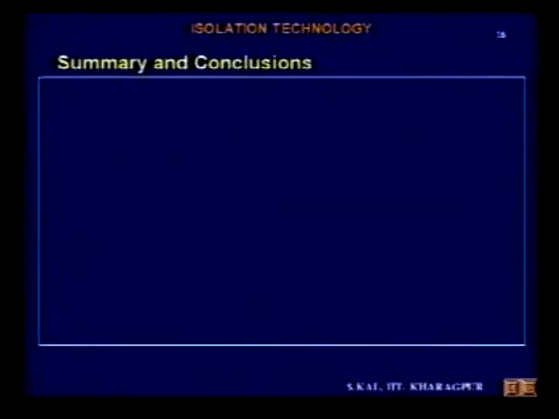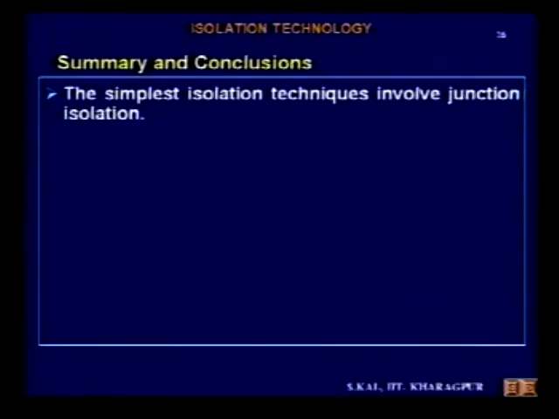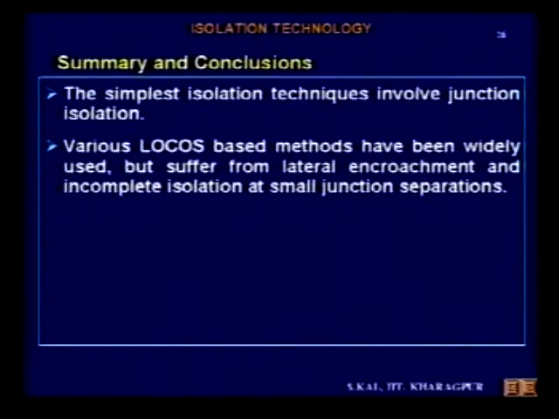Now, to conclude and summarize, we may mention that the simplest isolation technique involves junction isolation. That is the simplest technique. Even nowadays, in some cases, people use junction isolation. Various LOCOS-based methods have been widely used, but suffer from lateral encroachment and incomplete isolation at small junction separations. What is the problem of LOCOS? Lateral encroachment, and very high density you cannot get, small junction separation you cannot make.